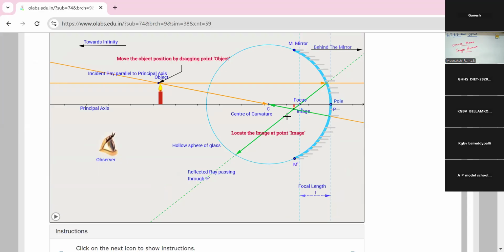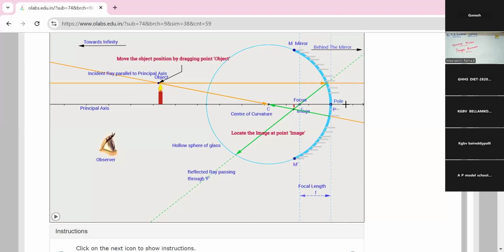This is the object. This is the center of curvature, and this is the focus point. This is called the pole. This is the mirror, and reflection occurs in this area. So how are the images formed?